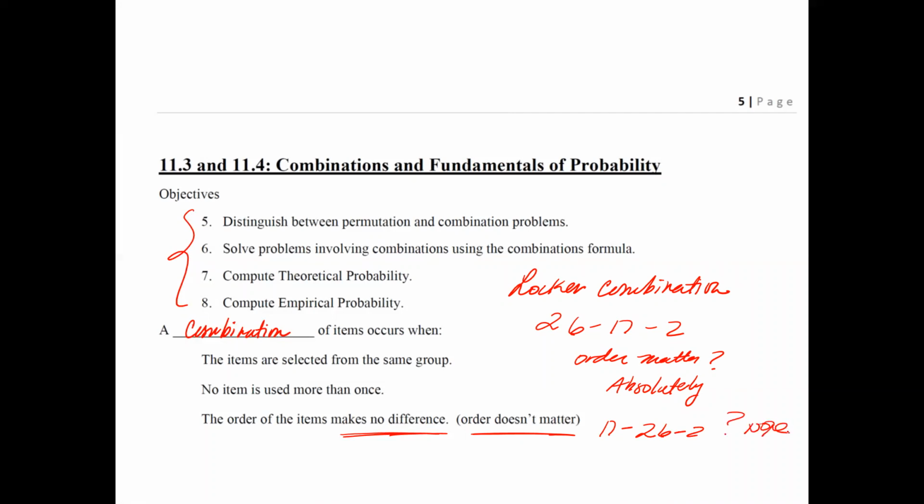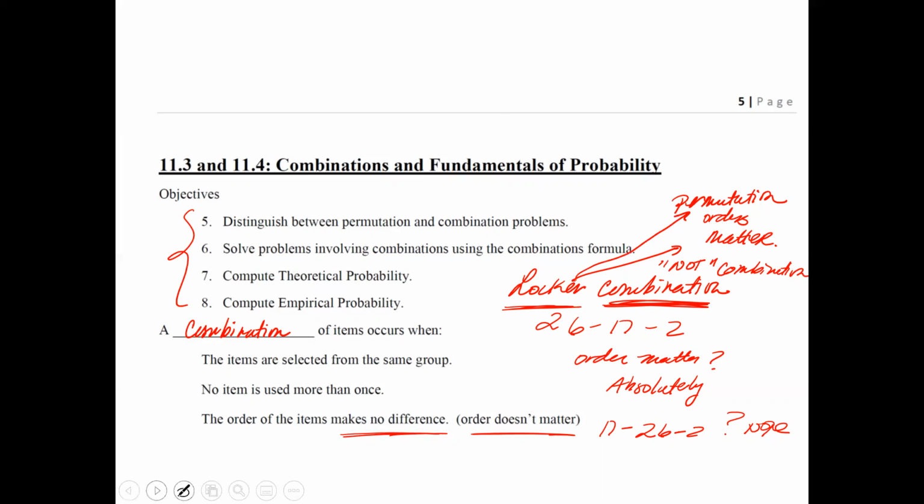Nope. So a locker combination is going to be a permutation, where the order actually does matter. Okay, so a locker combination, even though it has the word combination, really is not a combination because it is a permutation.